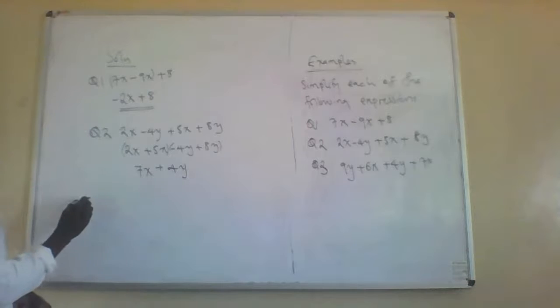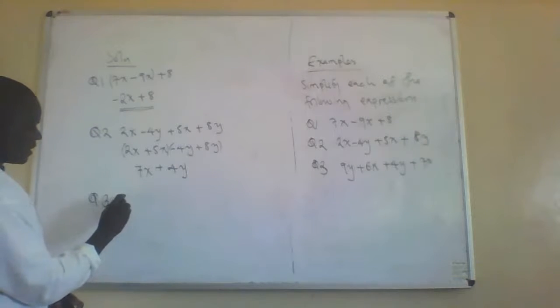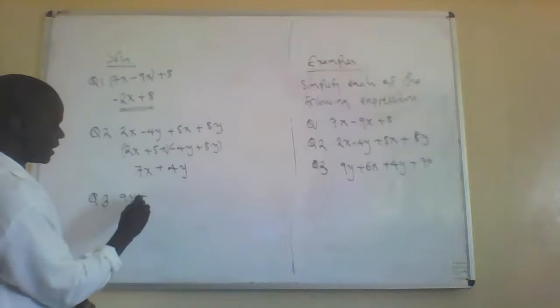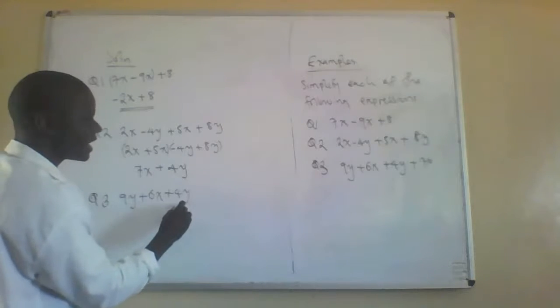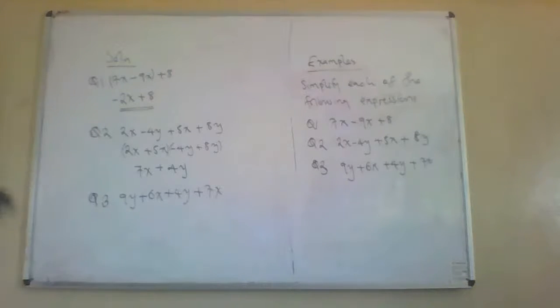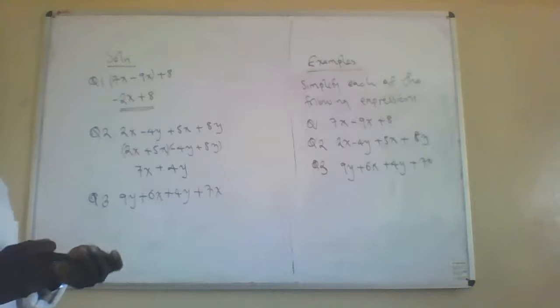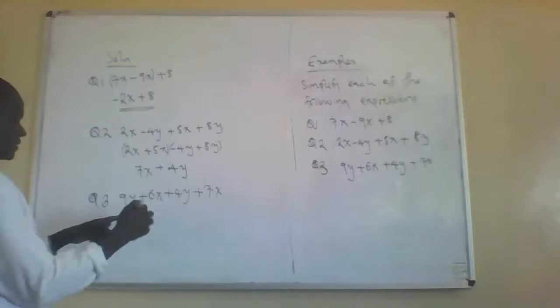We get to the third and the last question. We have 9y plus 6x plus 4y plus 7x. First thing first, like terms. Okay, so we're going to group those terms that are alike.